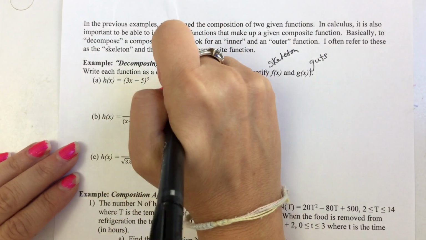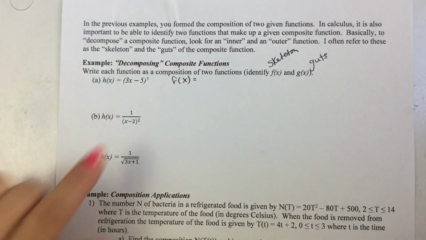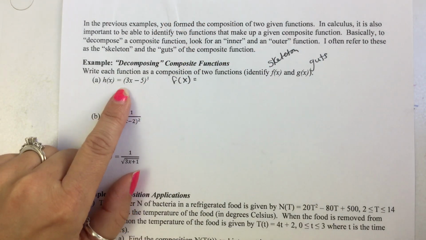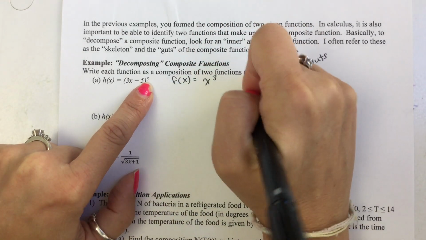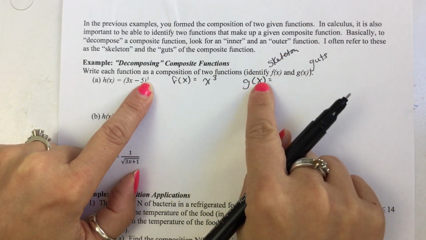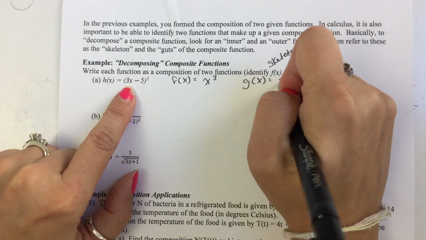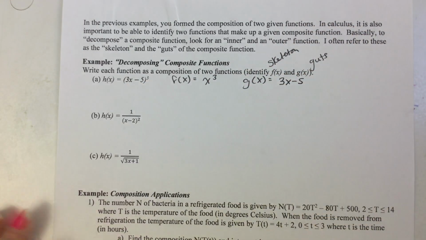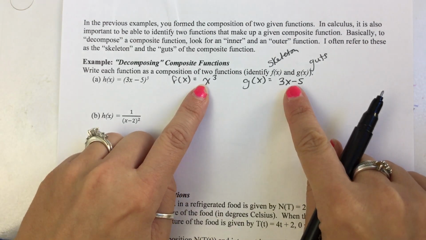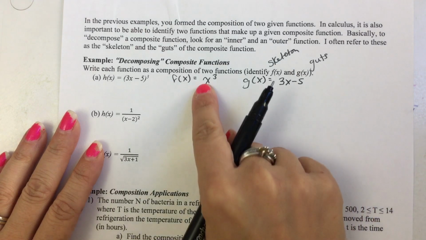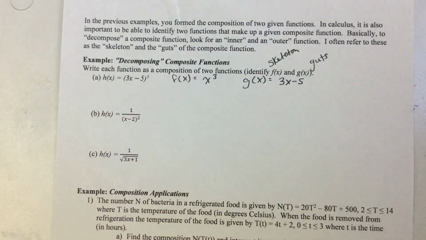So here's an example. Now, if I look at the basics, what I need in this problem, I need a power of 3. So f of x is x cubed. g of x, the guts in the place of x, I filled in 3x minus 5. That's it. If I took these two functions and I replaced x with 3x minus 5, it would match that.